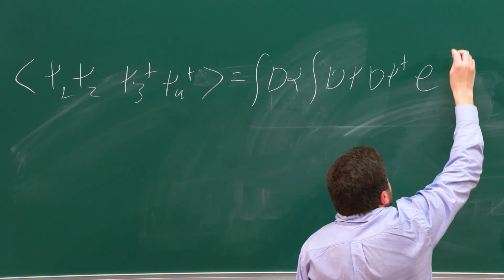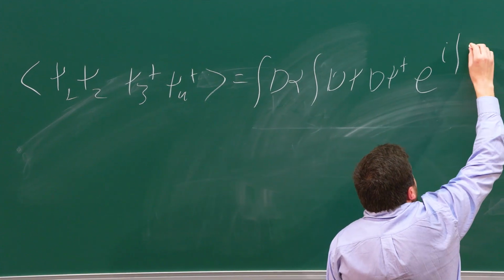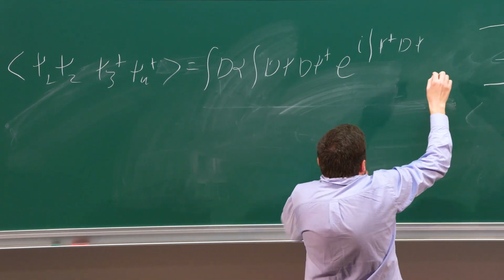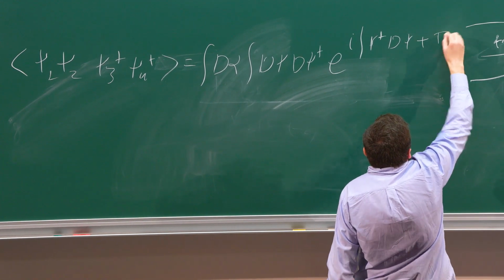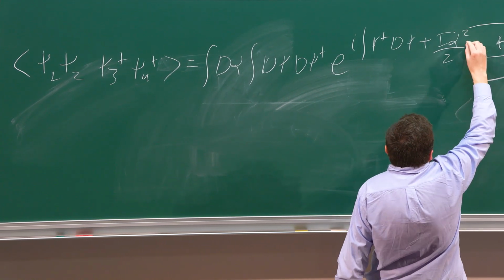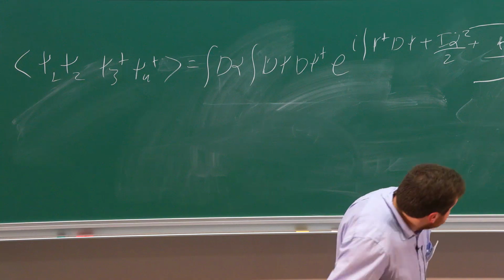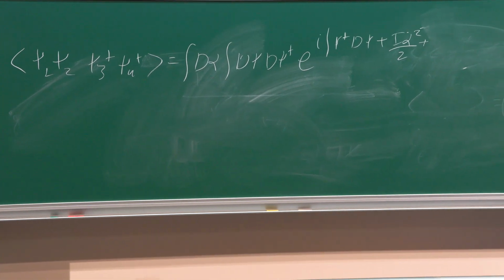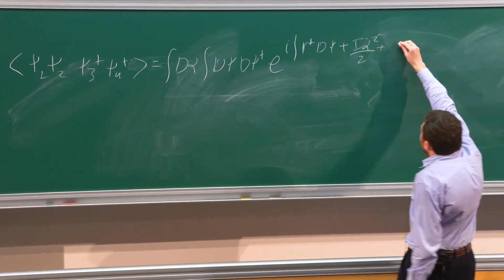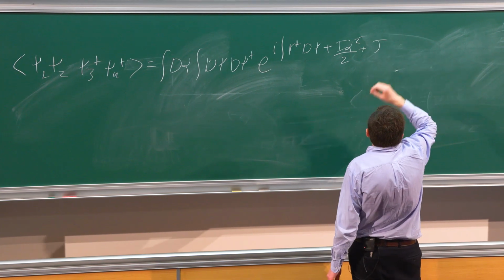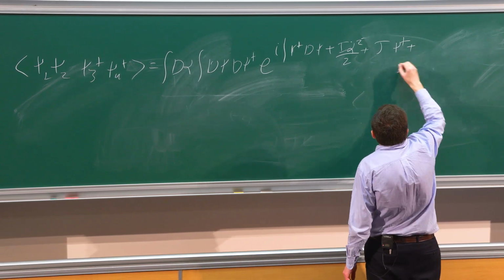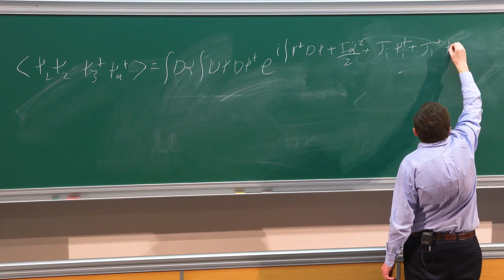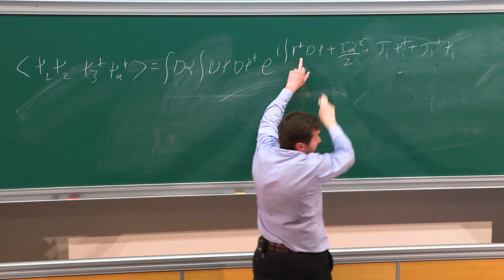And your action looks like something like psi dagger covariant derivative of psi plus I alpha squared over 2, plus you will introduce corresponding currents for each I, and you do basically manipulation to diagonalize this.